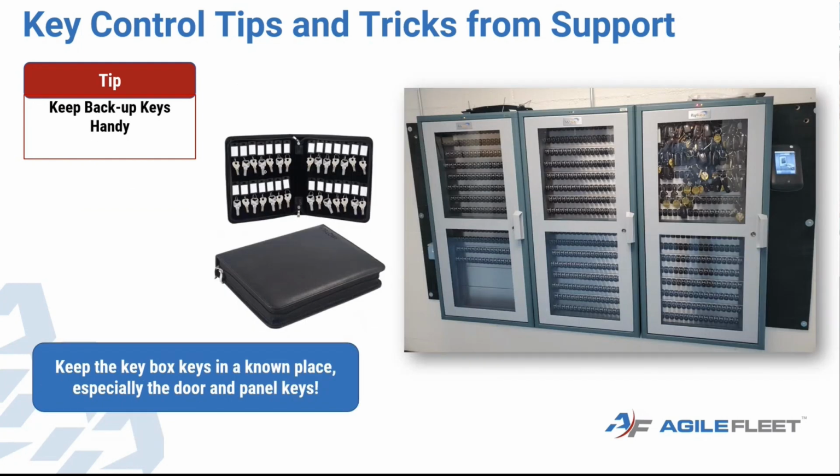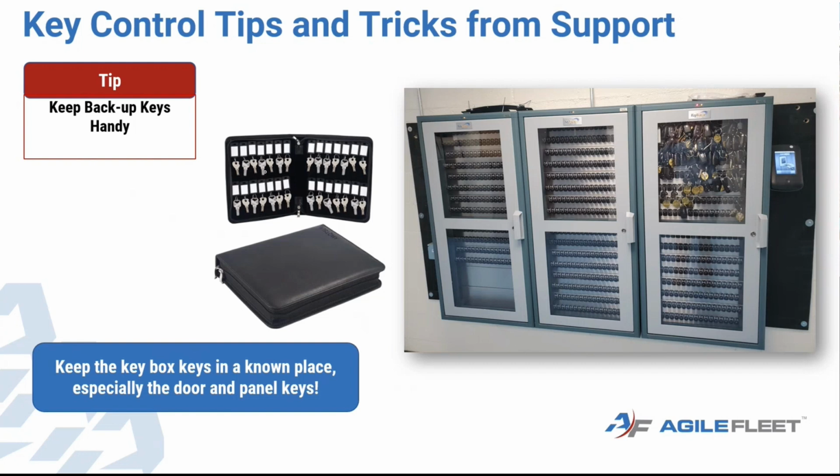Another thing also is make sure that you have your backup keys in a place where you and your staff know where they are. New implementations, newer clients have been receiving a folder like the one that's displayed here. I've recently, at one of our clients, seen this particular setup.